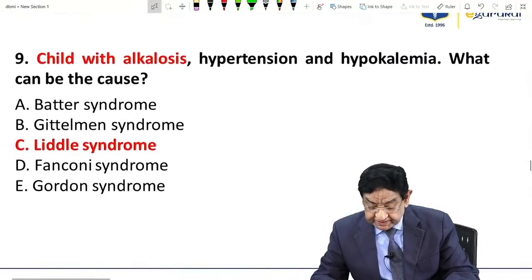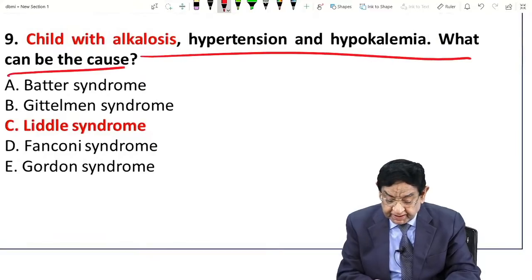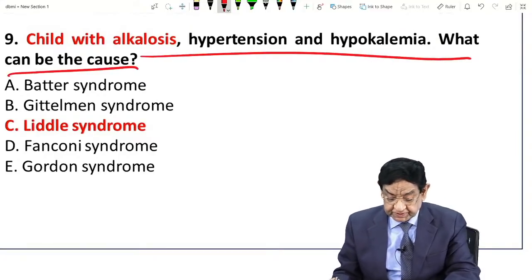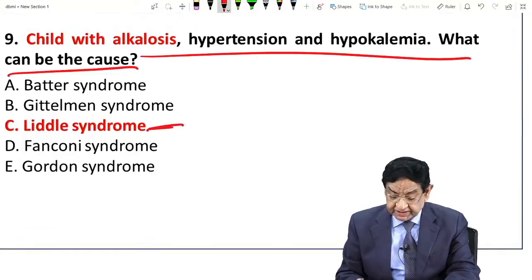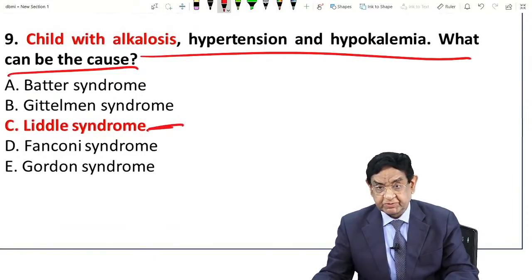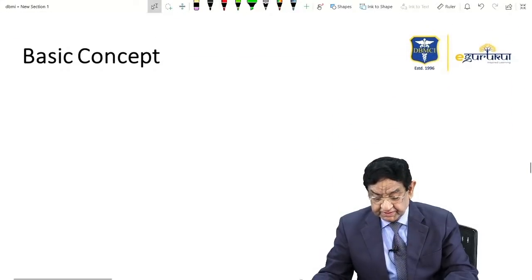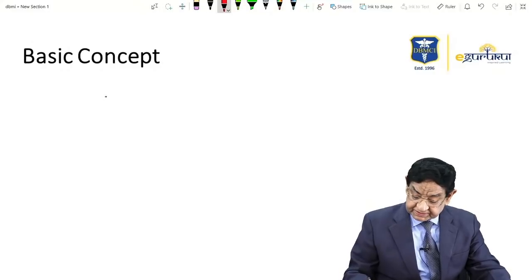So a child with alkalosis, hypertension and hypokalemia, what can be the cause? This is Liddle syndrome. What is this Liddle syndrome? Let's talk more about this basic concept.